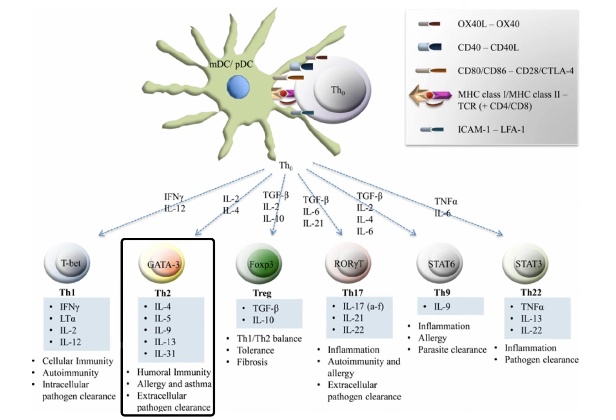For the Th2 cells, and I mentioned part of this in the first video, they produce primarily interleukins, which will stimulate other cells and aid in humoral immunity, but are also active in asthma and allergic reactions.